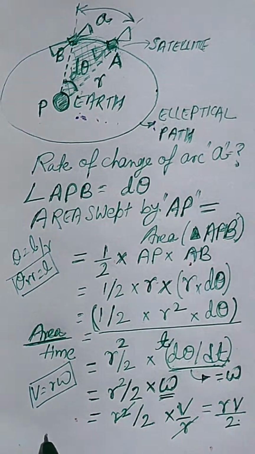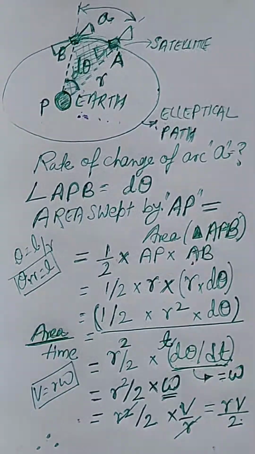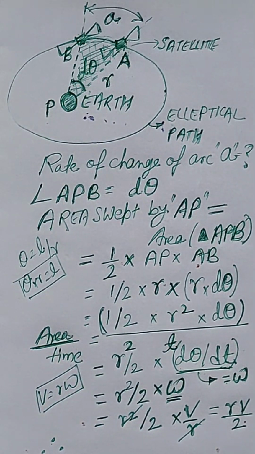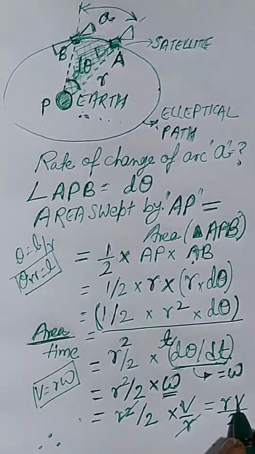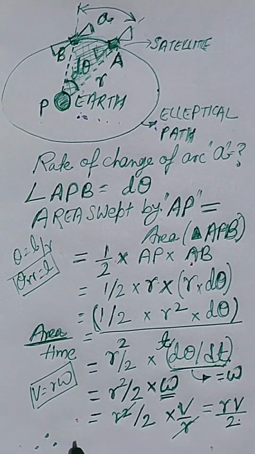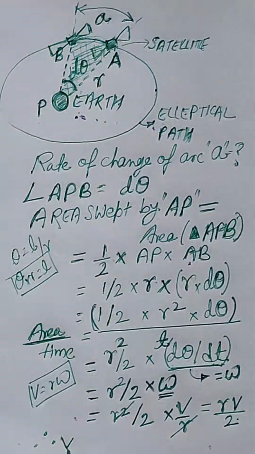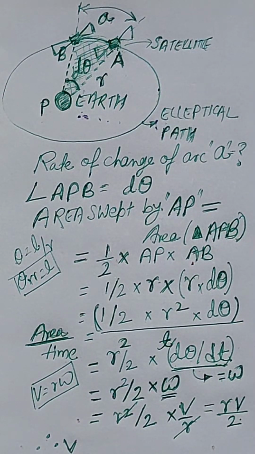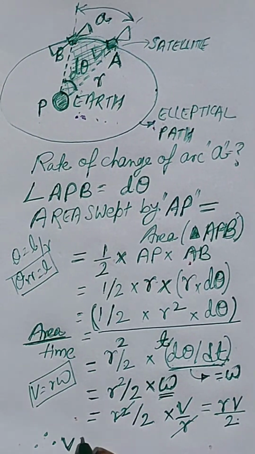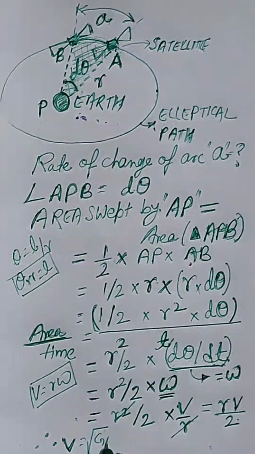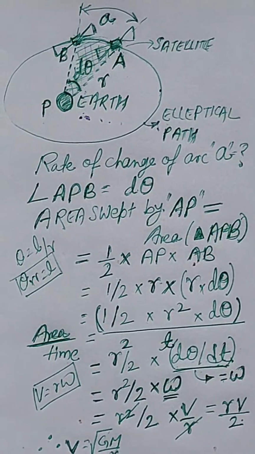Therefore, if you remember, the escape velocity, we can write v as root over GM by r, right?